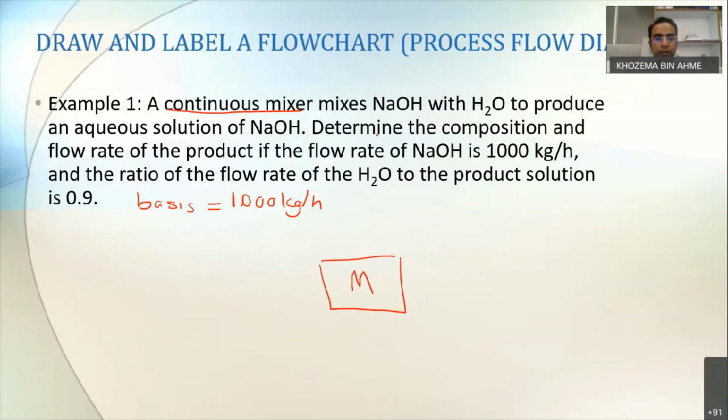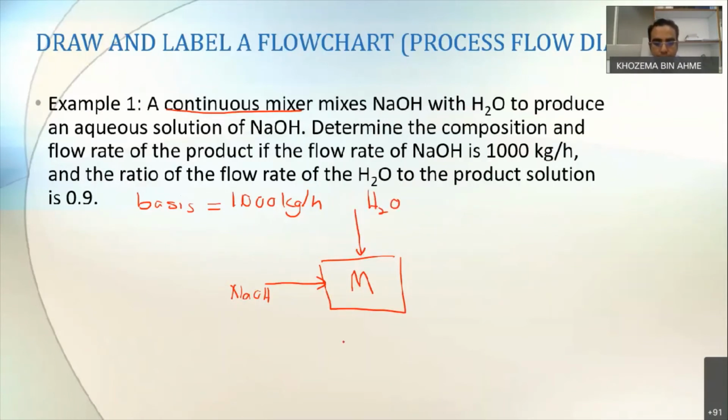I know that NaOH mixes with H2O. So my first stream going in must be NaOH. The second stream is that I'm mixing NaOH with water, so I can put here H2O.